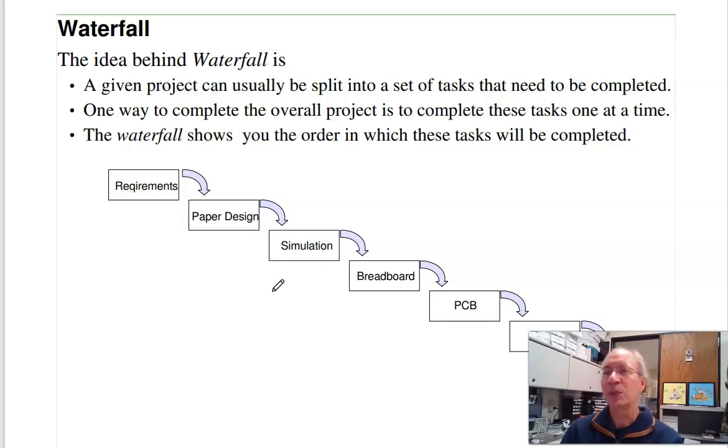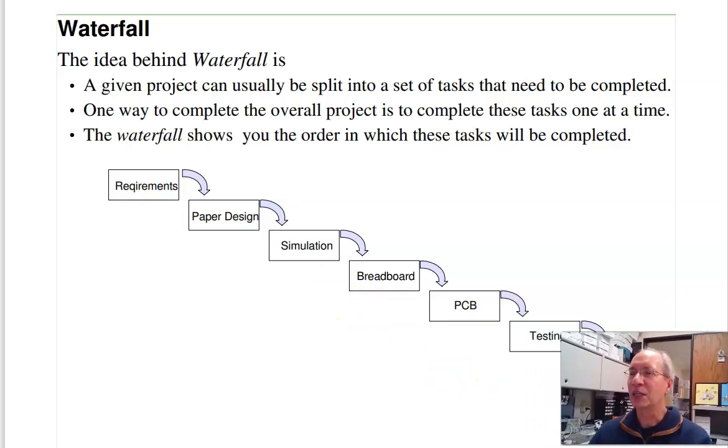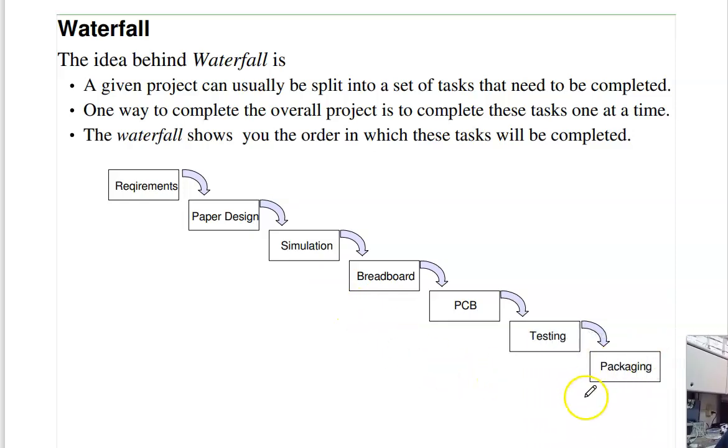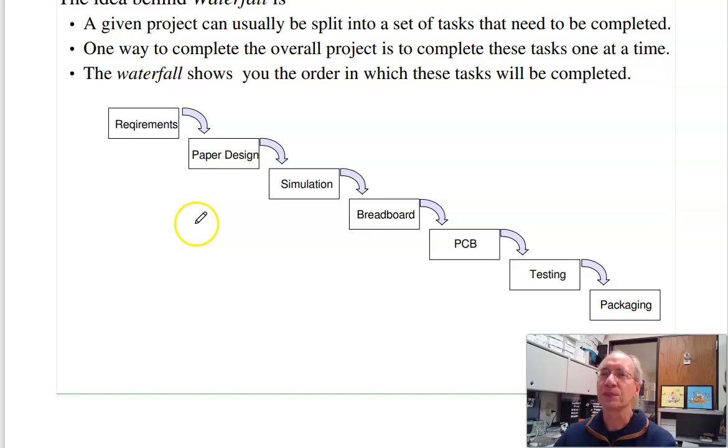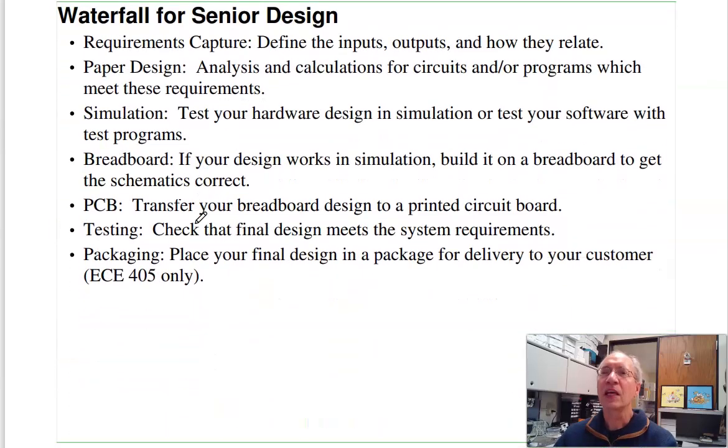Once that works, build a PCB, test the PCB, and then package it. We didn't actually do packaging in 401, but we will in 403, 405. That's waterfall. In senior design, that works really well for some projects, others not so well.